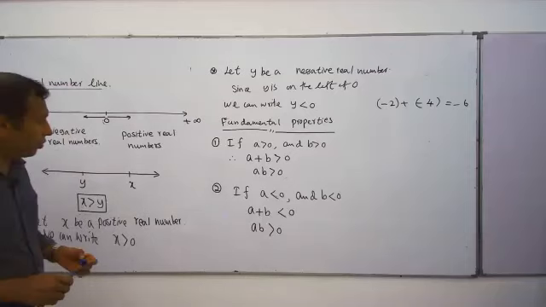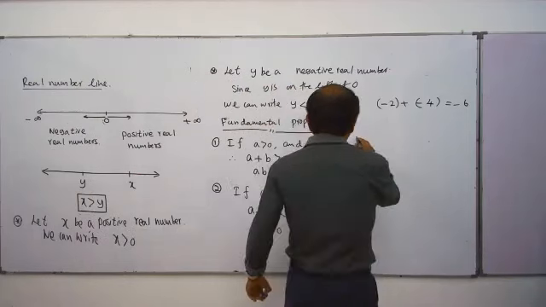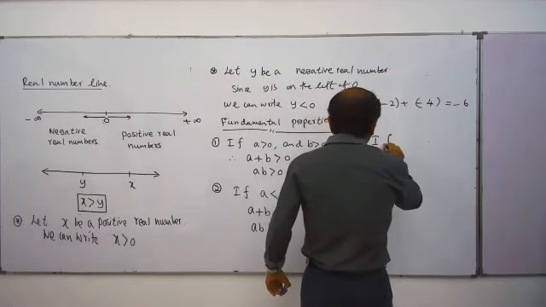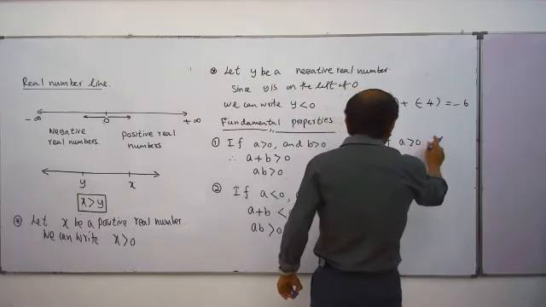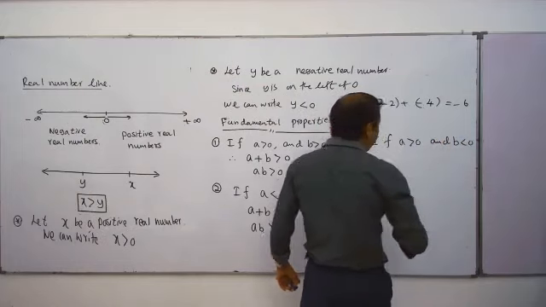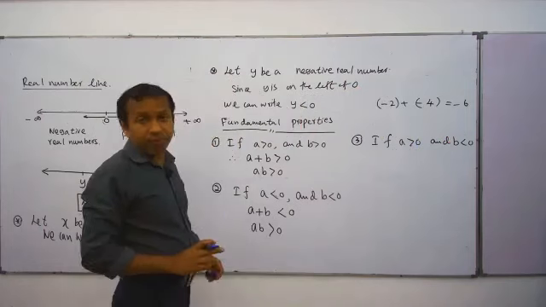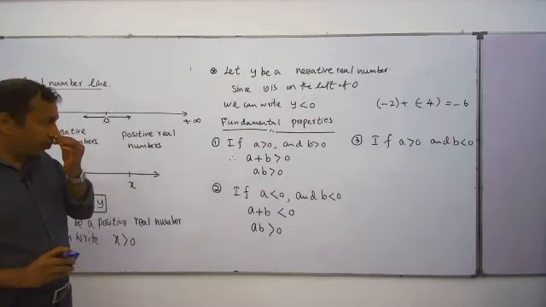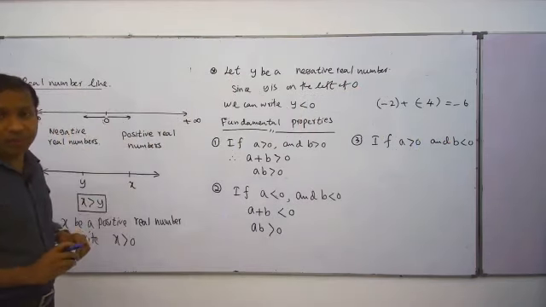Number 3. If A positive and B negative, then the sign of the sum cannot be said definitely.